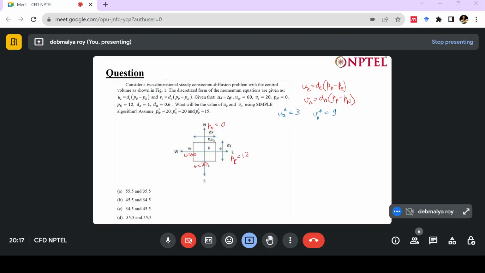So let's do one thing. Let's write our usual steady state continuity equation, and there we can substitute our values instead of velocities. So we have del u del x plus del v del y, and this is equal to 0.